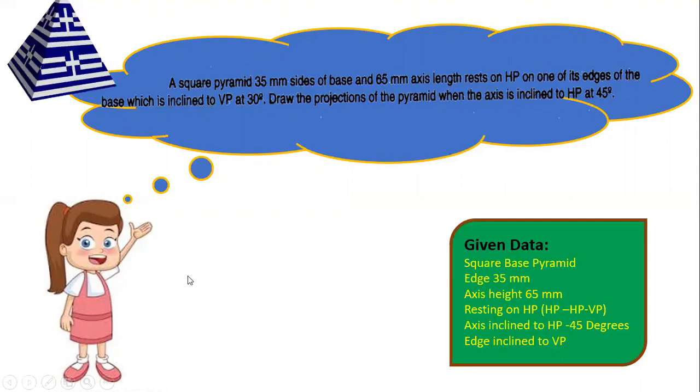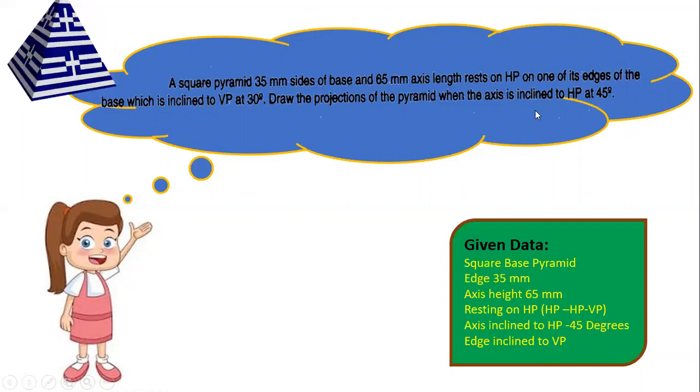So the first position you should start from below the XY line on one of its edges of the base, which is inclined to VP at 30 degree. So first position is in HP, second position will be inclination with respect to HP, and third position will be inclination with respect to VP.